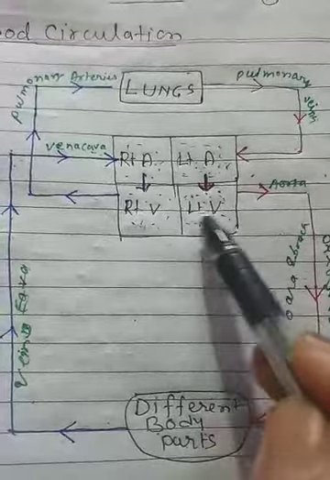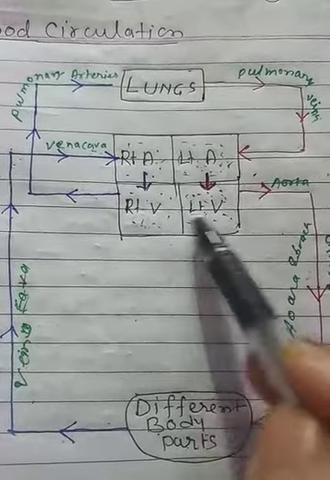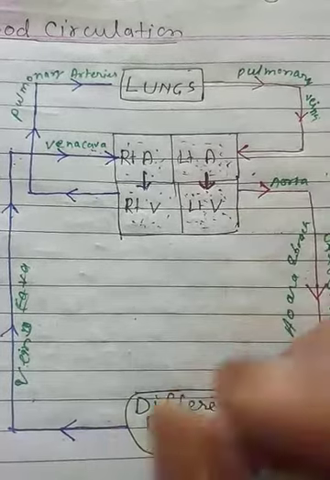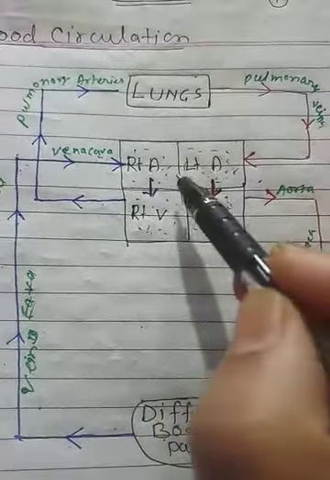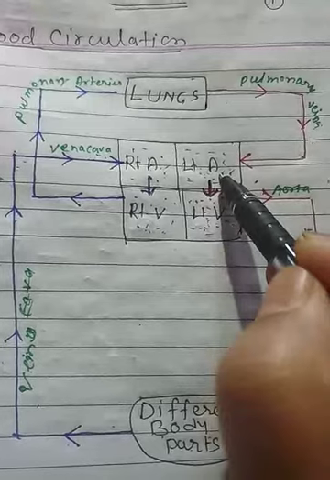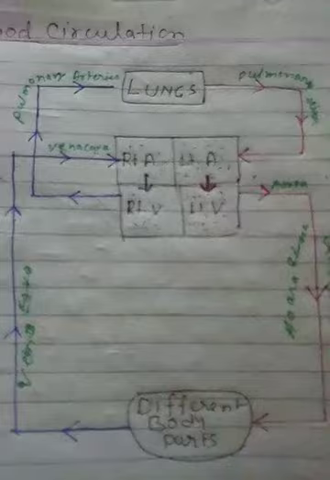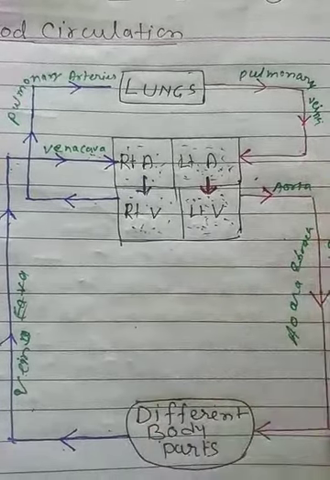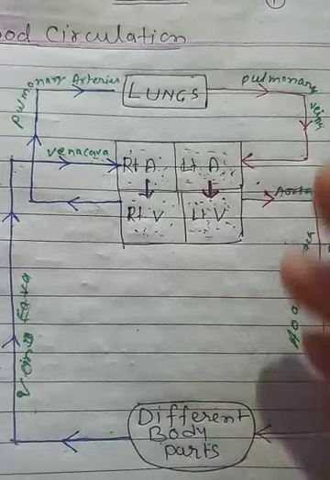When both ventricles are full of blood, then they contract and both auricles relax. That time cuspid valves close and semilunar valve opens.